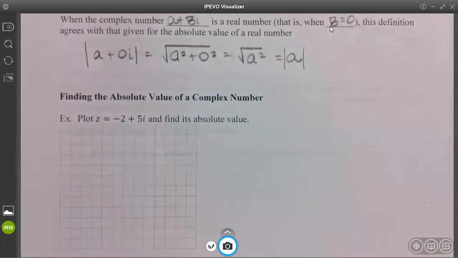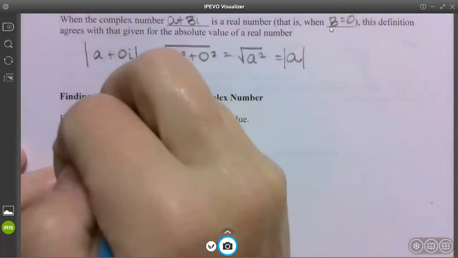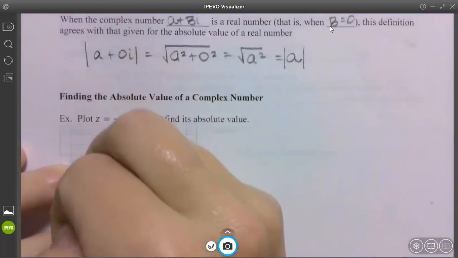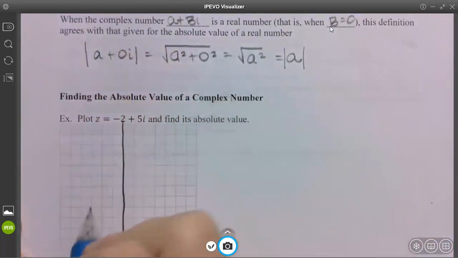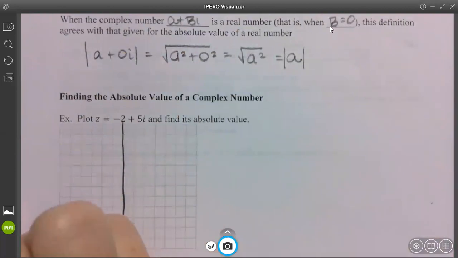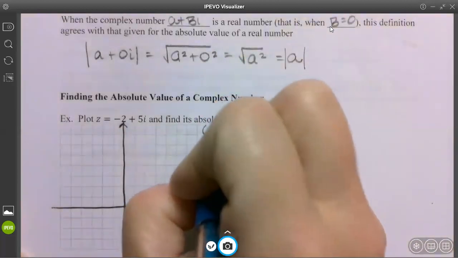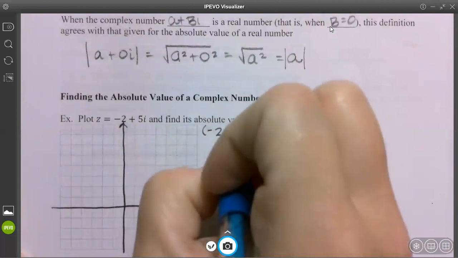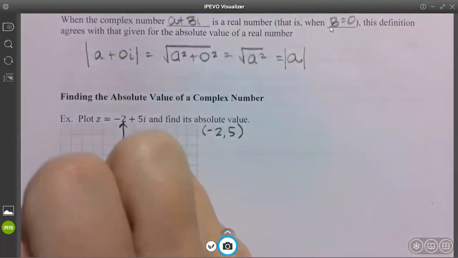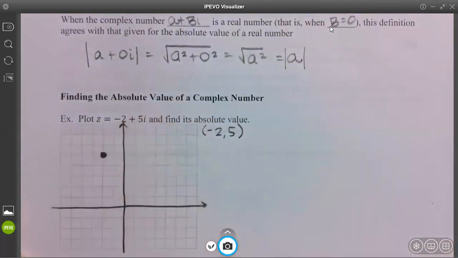Our first example is finding the absolute value of a complex number. We're going to plot z equals -2 plus 5i and find its absolute value. I'm just going to make my own vertical and horizontal axis. Remember, the horizontal is the real and the vertical is the imaginary. So this is the same thing as plotting (-2, 5). So we're going to put it right there.